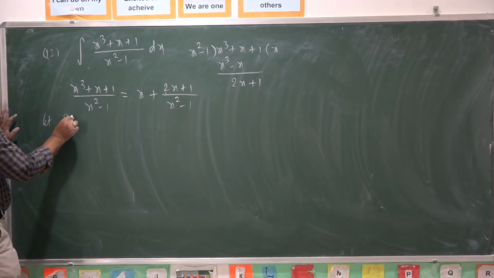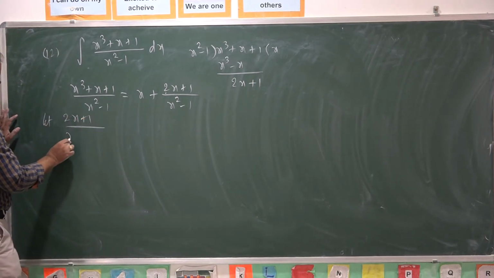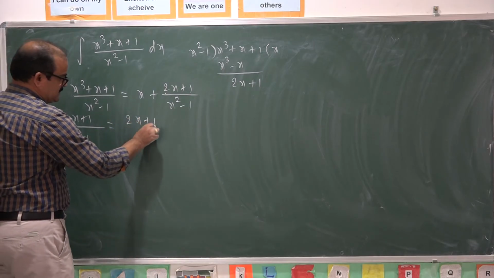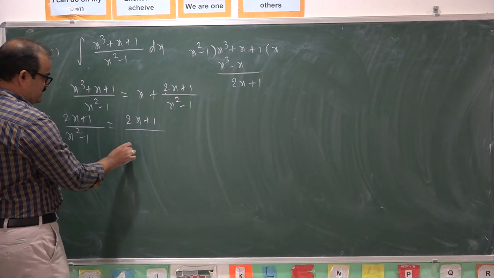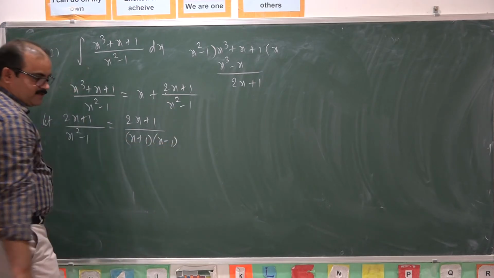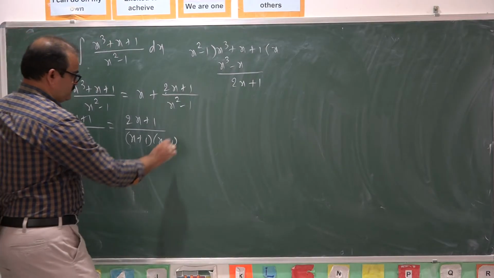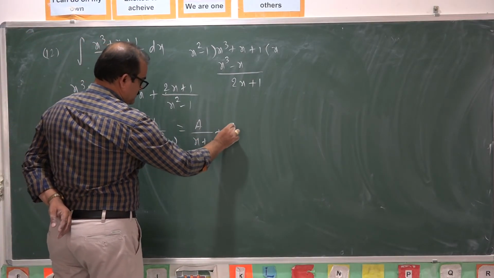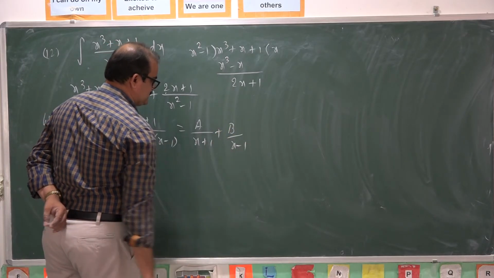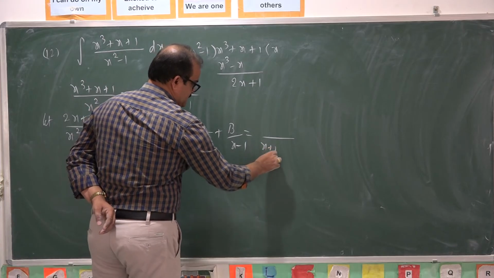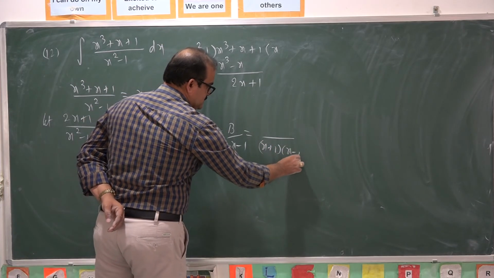Let 2x plus 1 by x square minus 1 be taken as x plus 1 into x minus 1, it is a by x plus 1 plus b by x minus 1. What is the LCM? x plus 1 into x minus 1.